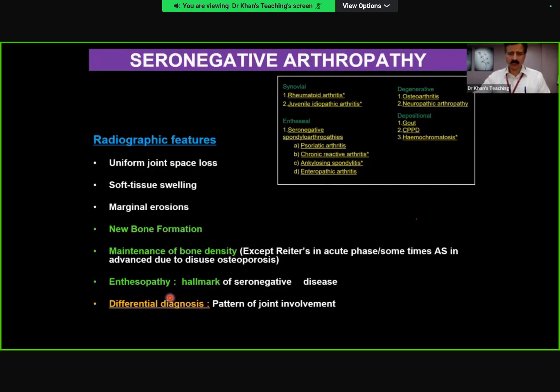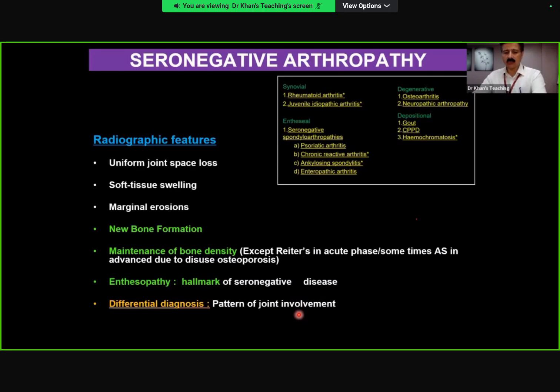How can you differentiate between a psoriatic arthropathy and CRA, for example? Usually, bone density is maintained, so there will be no osteopenia, except in CRA in acute phase. Please remember that previously CRA was also known as Reiter's syndrome.